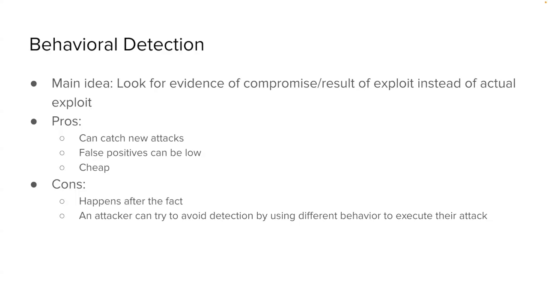For example, if the attacker's goal is to tamper with a file, you can detect that the integrity flag of this file has changed, but then the file is destroyed anyway. You do need some way to recover it, but that's another story. And if the attacker knows that you have behavioral detection deployed, they can try to avoid detection by using slightly different behavior to execute the attack.